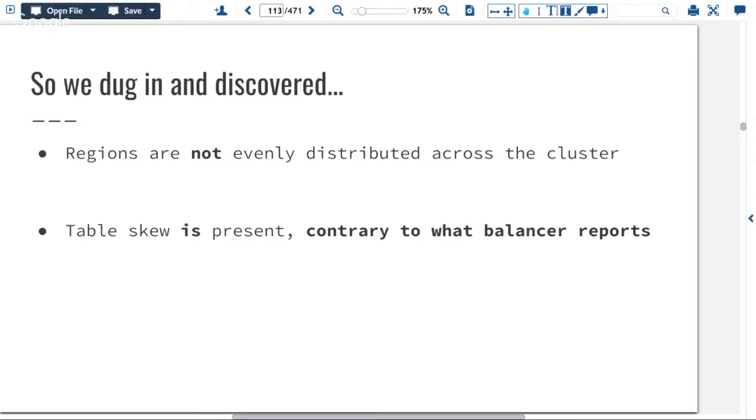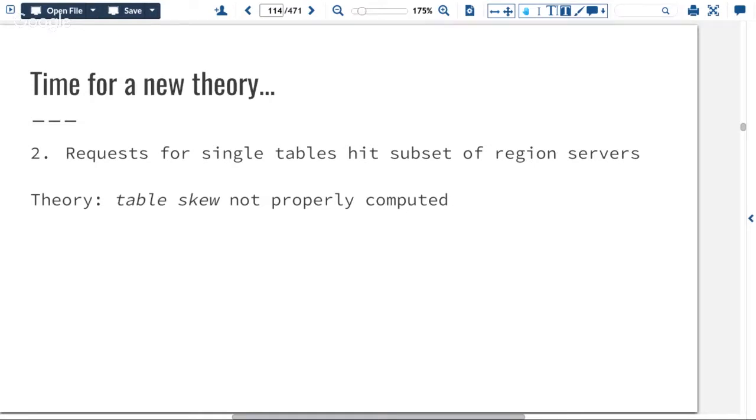So we dug in some more, and we found that regions are not evenly distributed across the cluster, so table skew is present contrary to what the balancer reports. The balancer was reporting that table skew is very low, but it actually was pretty high. So this led us to pose a new theory, which is that the table skew is actually not properly computed.